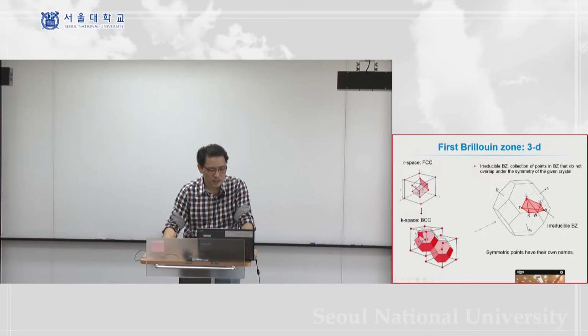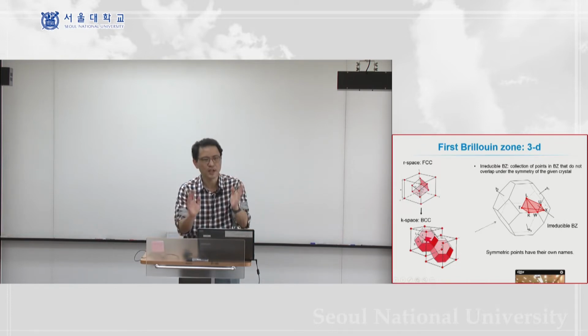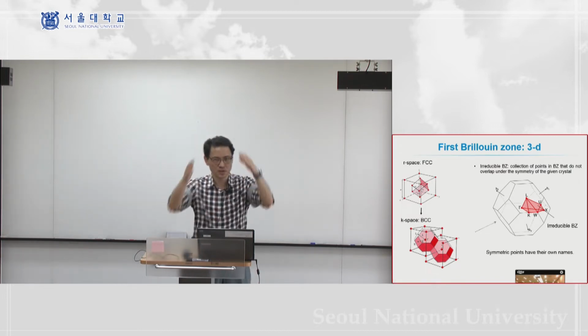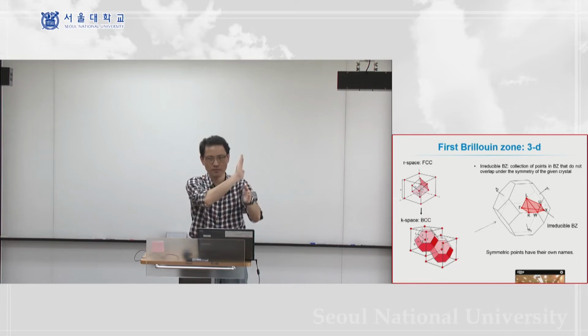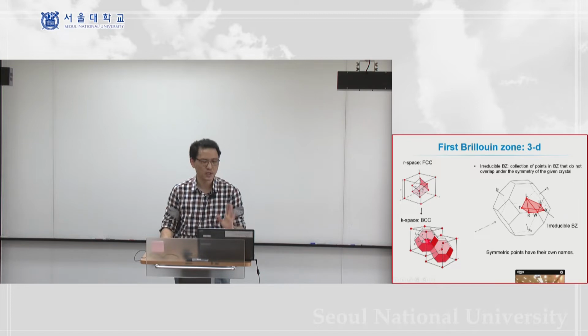Then you can imagine the innermost region is this kind of structure. I remember that this is a truncated octahedron. You have the octahedron structure, but if you cut each corner, then you have this shape. So this is called the truncated octahedron structure, the first Brillouin zone of the FCC structure.